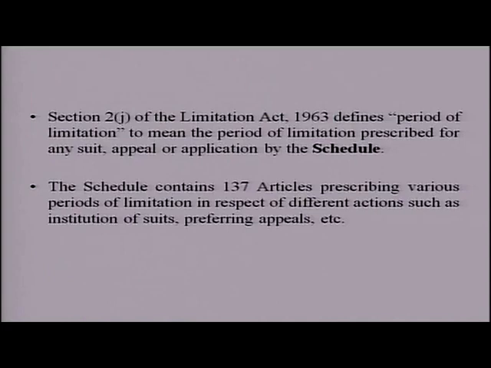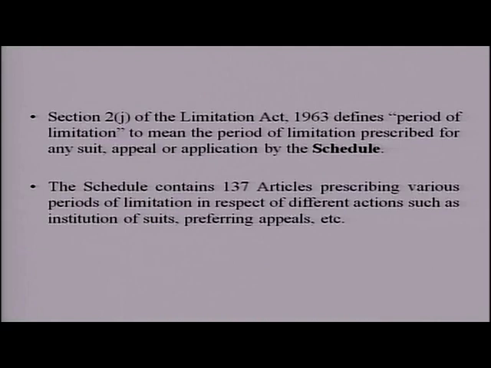Specifically speaking, Section 2(j) of the Limitation Act defines period of limitation to mean the period of limitation as prescribed for any suit, appeal, or application in the schedule ascribed to the Limitation Act.